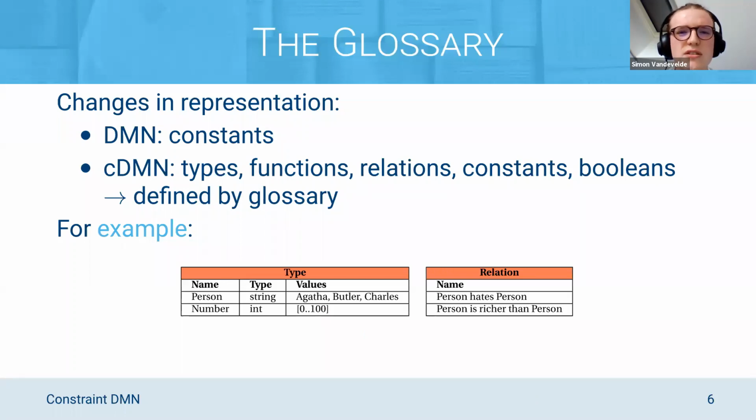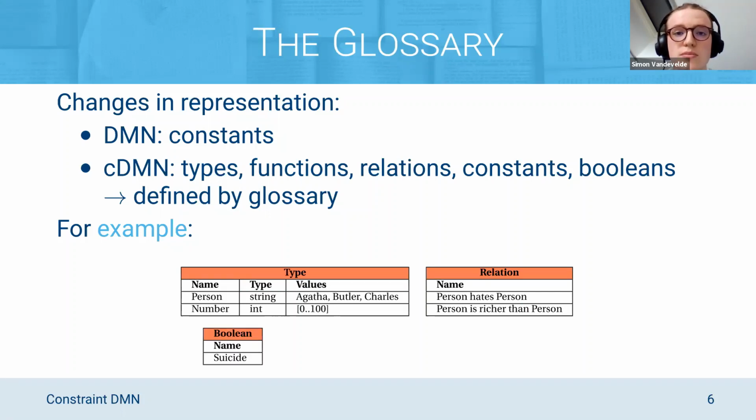Then we have the relation glossary, in which we can define relations between one or more types. So for example, here we can define that person hates person, and this could be used to represent that Agatha hates Butler, or Butler hates Agatha, or both at the same time. It can show all these different hate relations, so to speak.